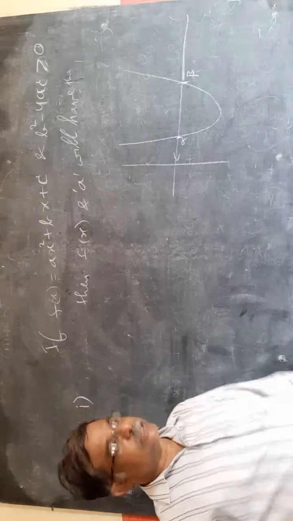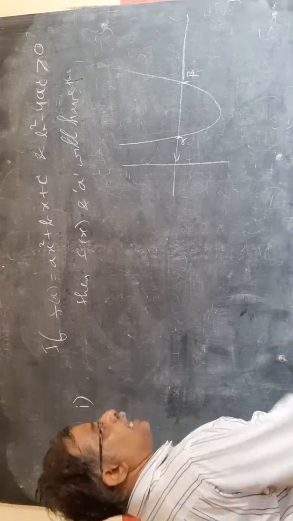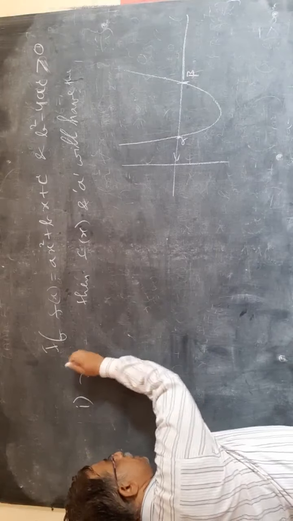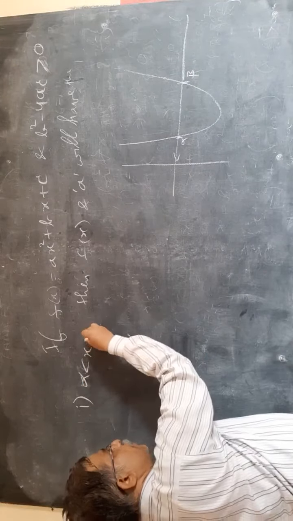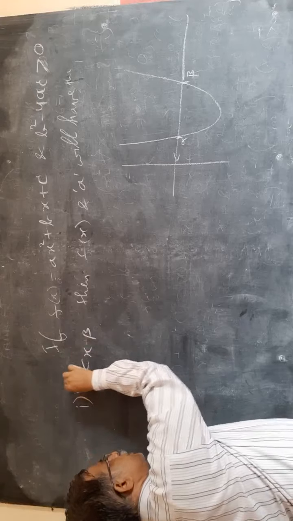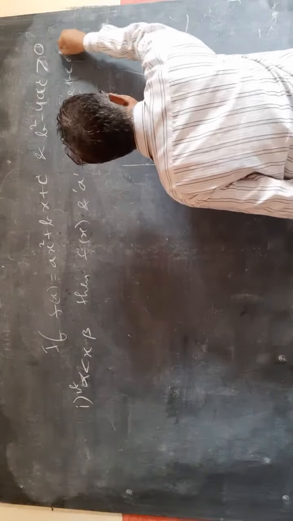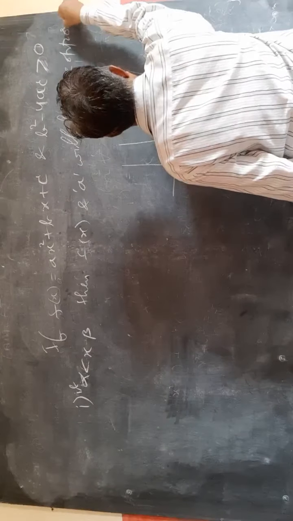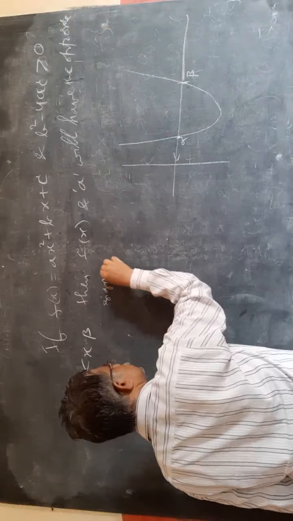There are two cases. If x lies between alpha beta, then f of x and a will have the opposite sign.